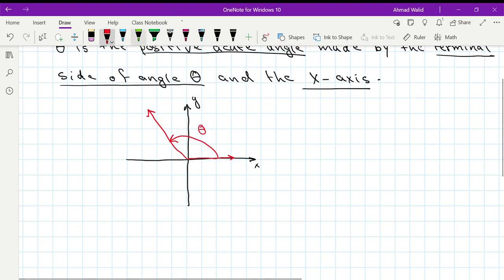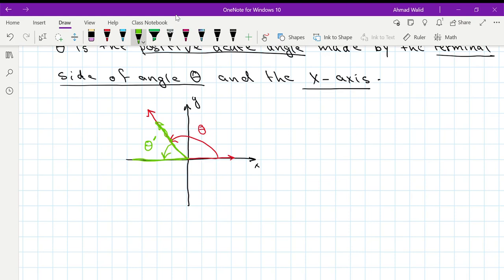If you see the definition, they are saying that angle, if I name it theta with a dash, I'll read it theta prime, is an angle where one side is the terminal side of angle theta. You see, this side of theta prime is the terminal side of theta, and the second side is the x-axis, but also this angle is positive.